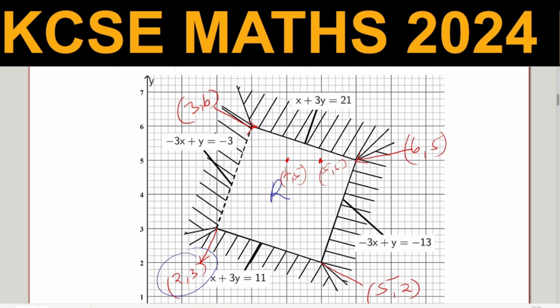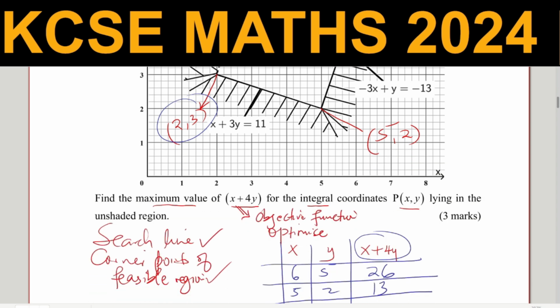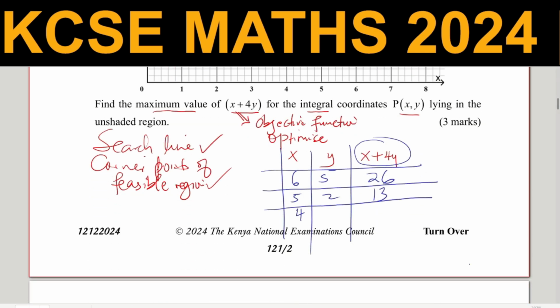Then I can pick these two, (4, 5) and (5, 5), so that I can test these as well. For (4, 5), these will be 4 plus 20, that will be 24.